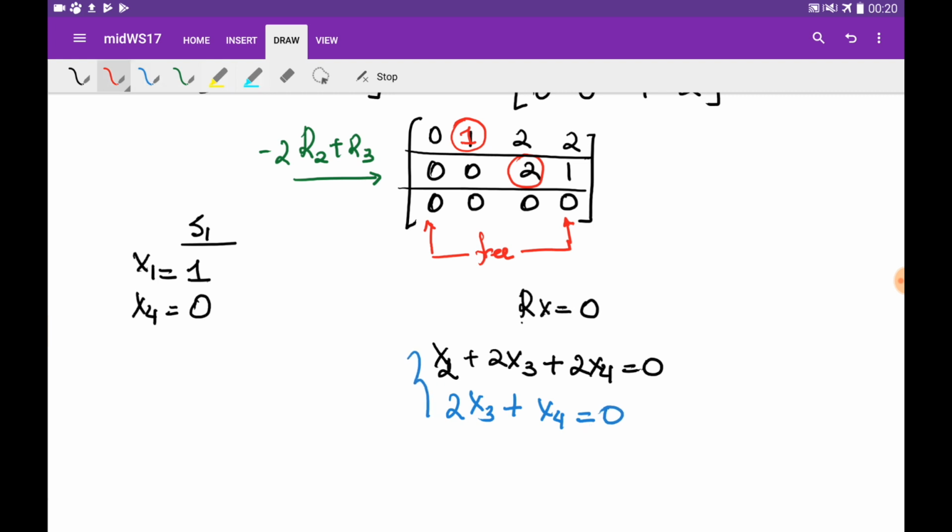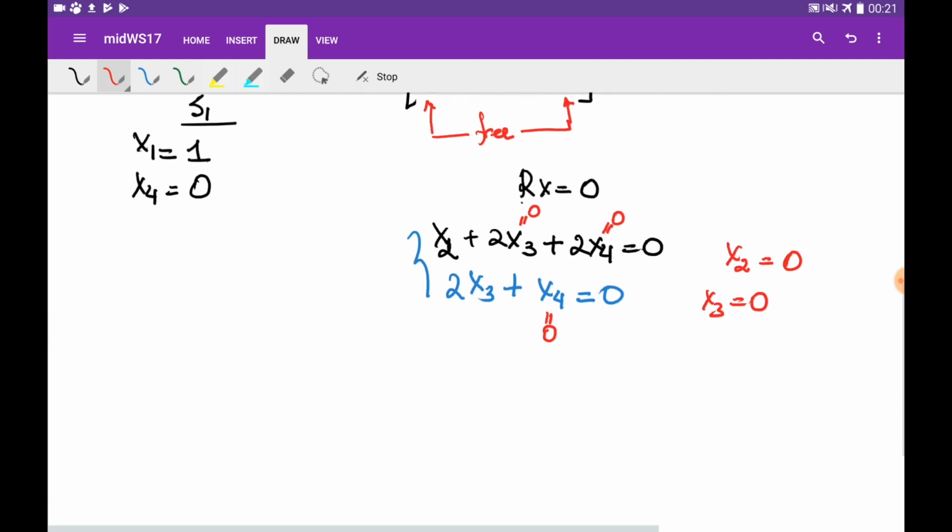So if I set x4 to be equal to 0, I can obtain that x3 is equal to 0 from the second equation. If I substitute this one to 0 and this one to 0, I can obtain that x2 is also 0.